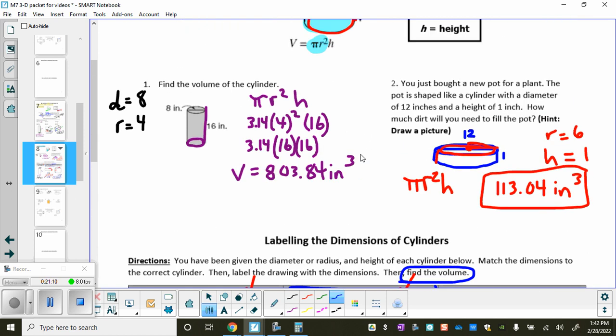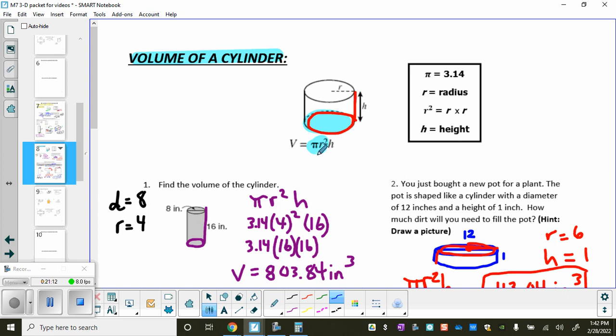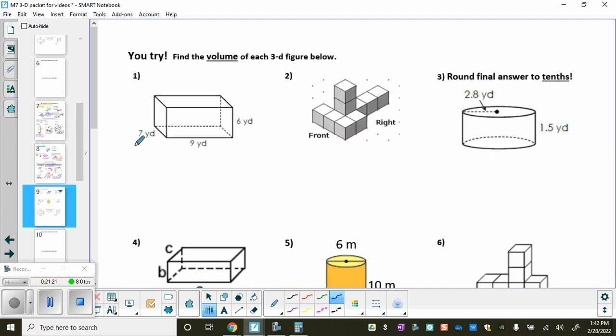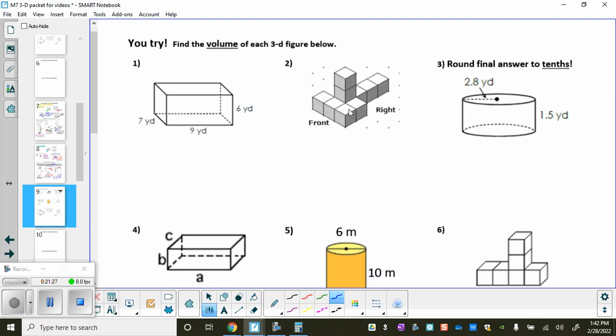So you've got a formula. Friendly reminder that the formula is area of the base times height. It worked over here because the base was a square, so then times height. And now you're ready to move over to the next page and practice finding volume of each of these figures on your own. Don't forget that you already watched a video a little while ago on volume of these things, where you're basically just counting the number of cubes that you see.